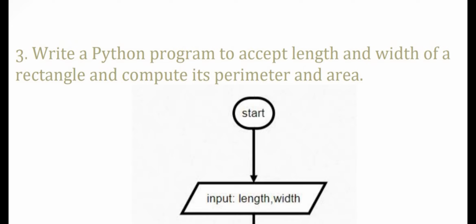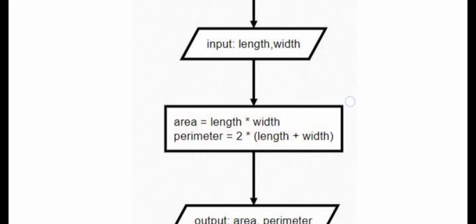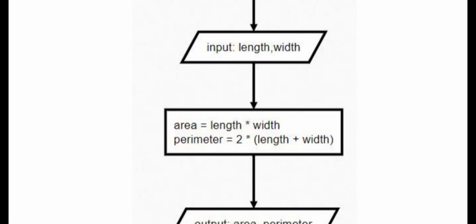So always, I told you the flowchart starts with the start symbol. Always start and end should be written in an oval symbol. Okay, so this is your oval symbol where you have started your flowchart or where you have started your program. Next thing is the input. Always after start you are going to give the input. Input is always written in the parallelogram.